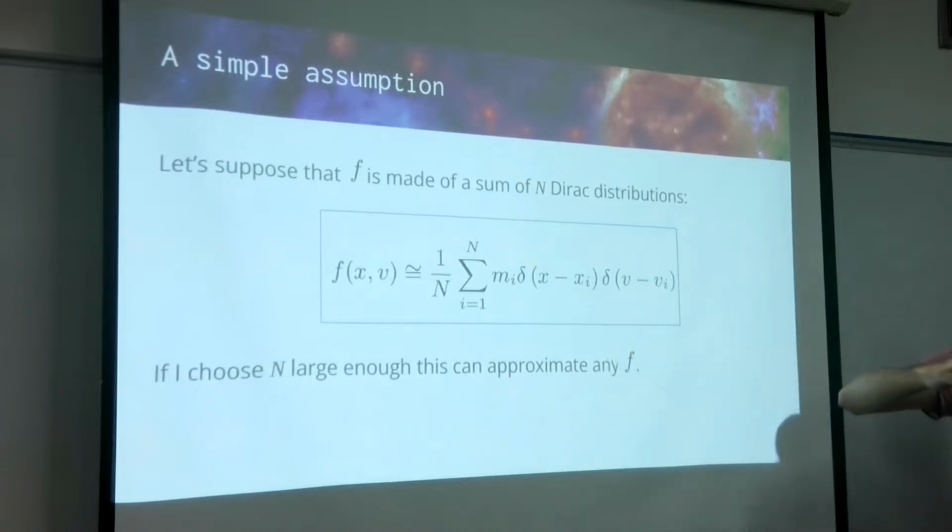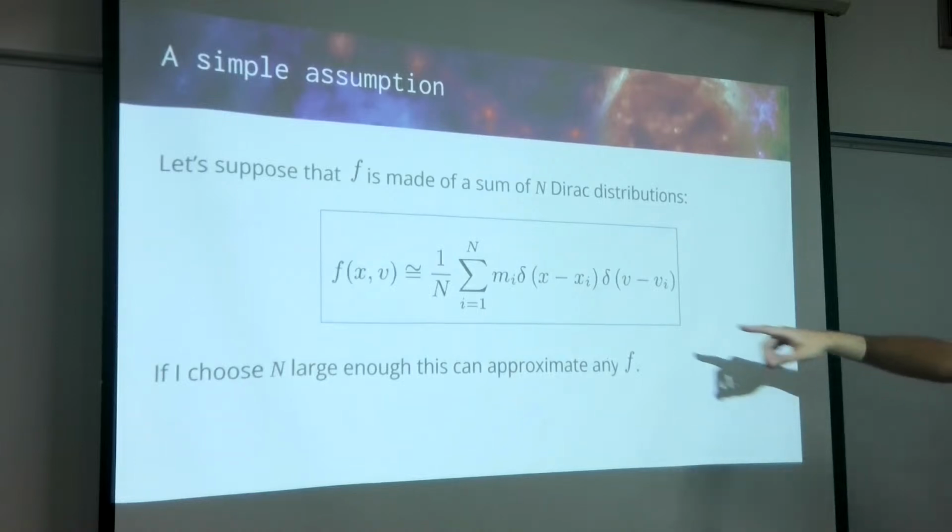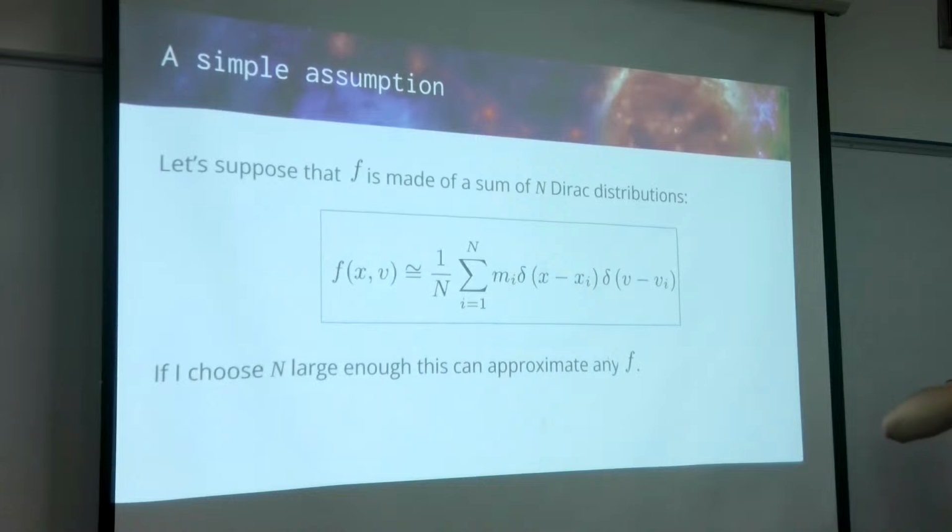It's a function that is 0 everywhere and goes to infinity at one point. So I make my f out of a large number of these: it's 0 everywhere, and then there's a spike, and another spike somewhere. Obviously a true Dirac is not going to work, but I can make it slightly not quite 0, not quite infinitely thin. Then, if I have enough of these n, I have a good approximation of f.